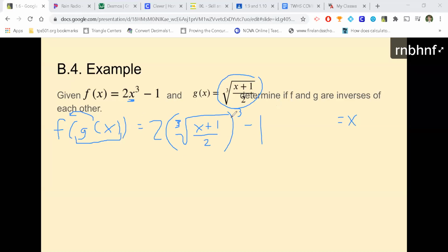All right, and then I simplify this. So again, use your order of operations. Inside the parentheses, the cube root and cubed cancel out to leave me with 2 times x plus 1 over 2.